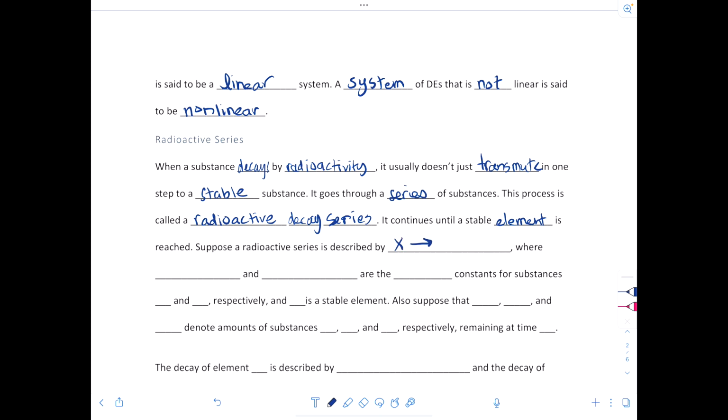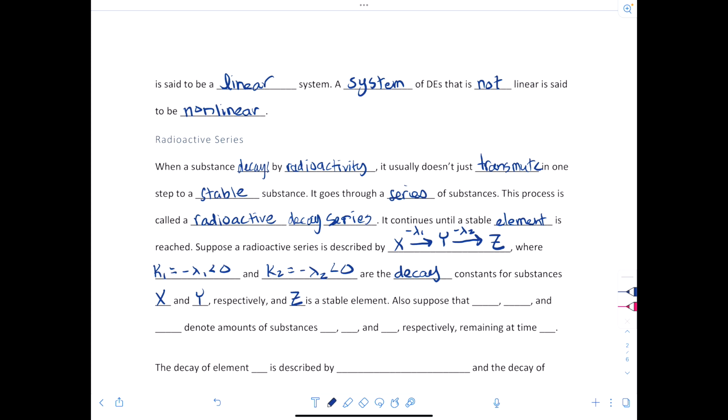Suppose a radioactive series is described by X goes to Y with constant negative lambda 1, then Y goes to Z with negative lambda 2, where k1 equals negative lambda 1, which is less than 0, and k2 equals negative lambda 2, which is less than 0, are the decay constants for substances X and Y respectively, and Z is a stable element.